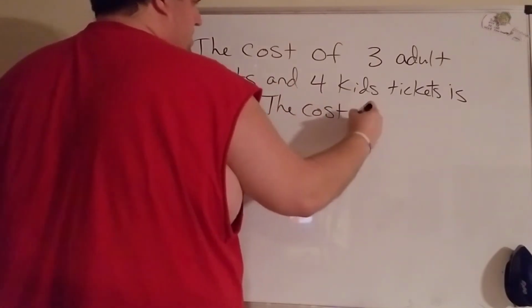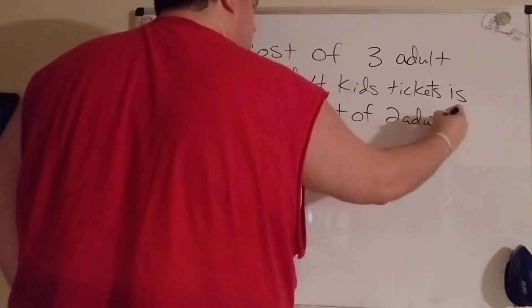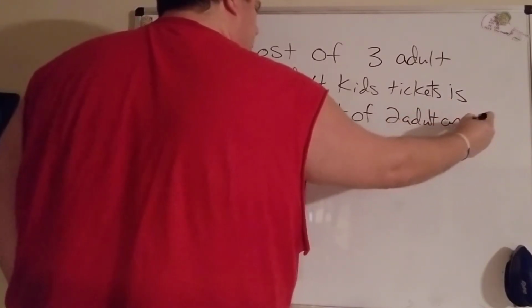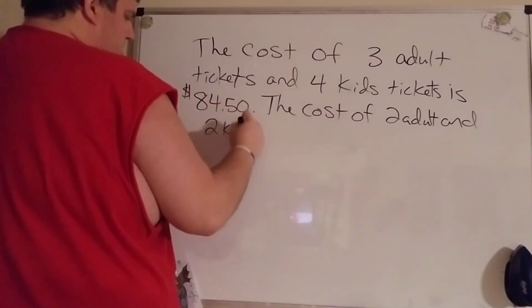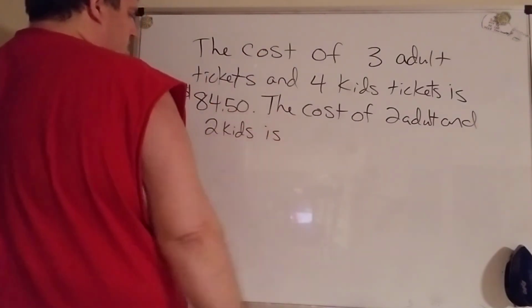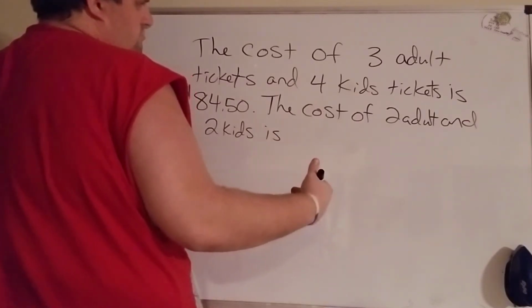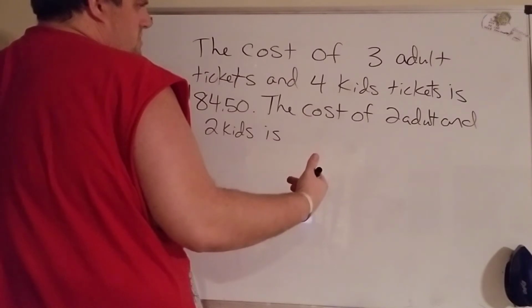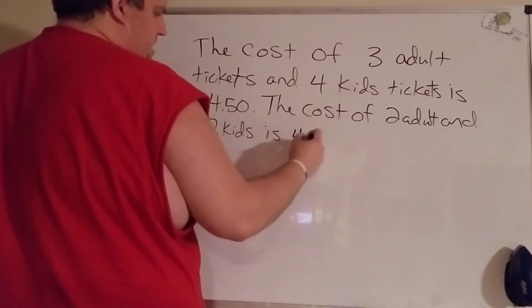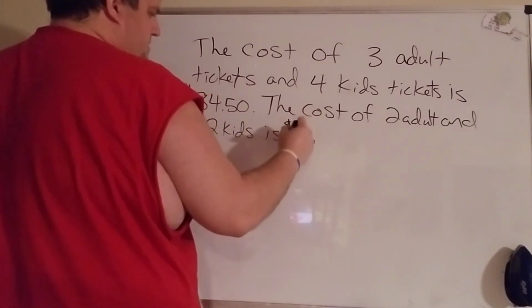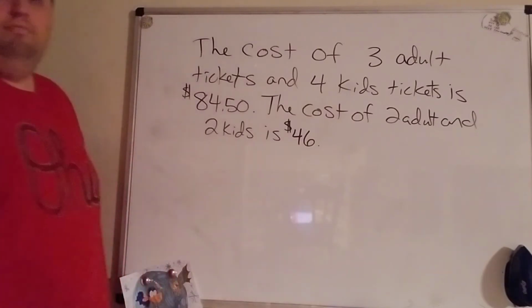The cost of 2 adult and 2 kids is, we'll say $46. How much is each ticket, right?